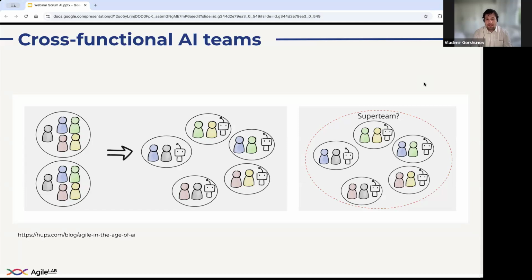There is also the concept of a super team, when we have a lot of teams working on top of one product, but all of these teams are AI-empowered teams. So the question is how to coordinate it. And that's the answer that the Scrum Extension Pack is trying to give us. That's the idea behind it.